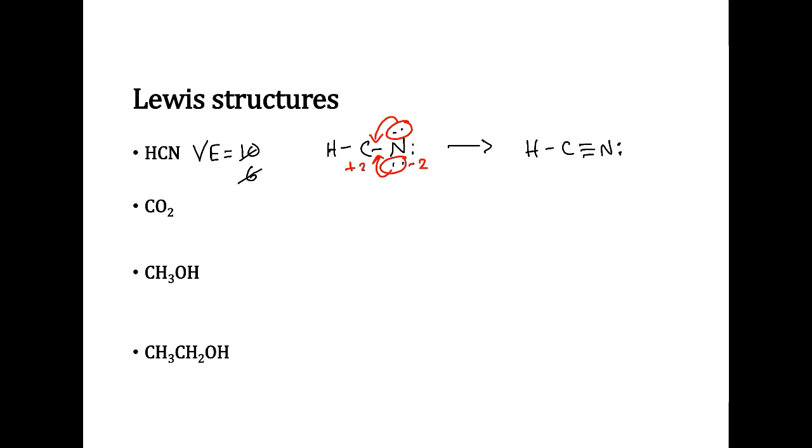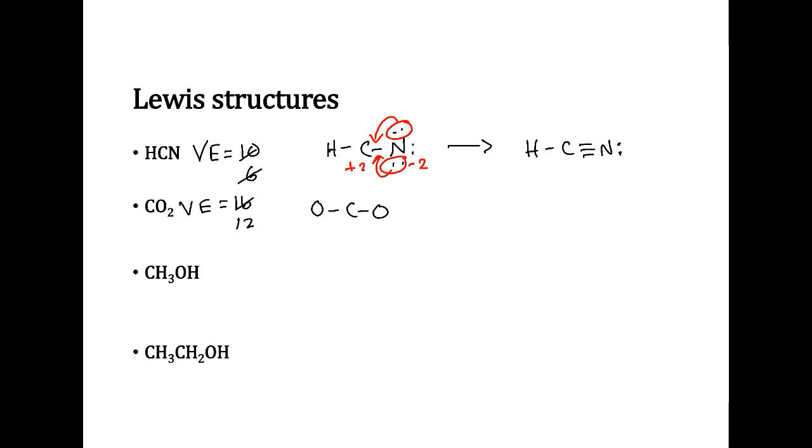As we move on to CO2, let's figure out how many valence electrons we're supposed to have. Carbon has 4, each oxygen has 6, so that's a total of 16 valence electrons. We talked previously that if possible we need to have a symmetric skeleton, so we'll have O, C, O. We'll add our 2 single bonds, 2, 4, so we're down to 12 valence electrons.